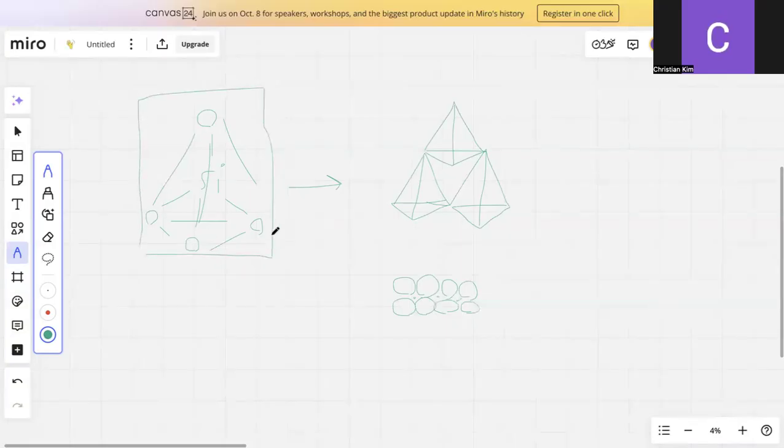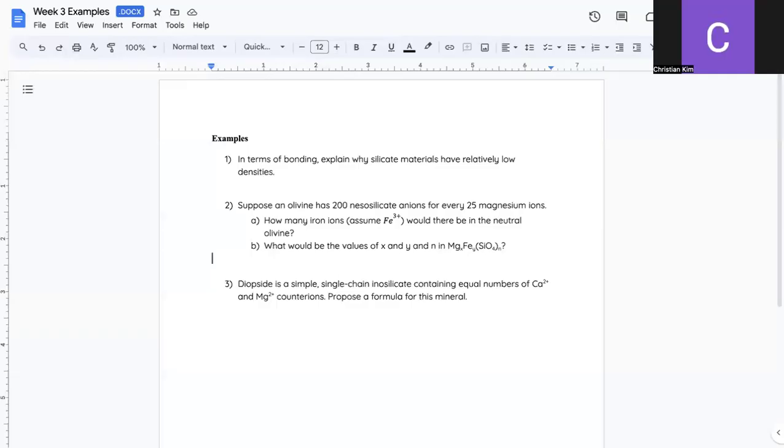Because of the geometry of the tetrahedron and the larger radius of silicon in general, they form shapes that leave a lot more room in between each other, as opposed to ionic materials or metals, where everything is quite literally close packed. So that explains why silicate materials tend to have relatively low densities.